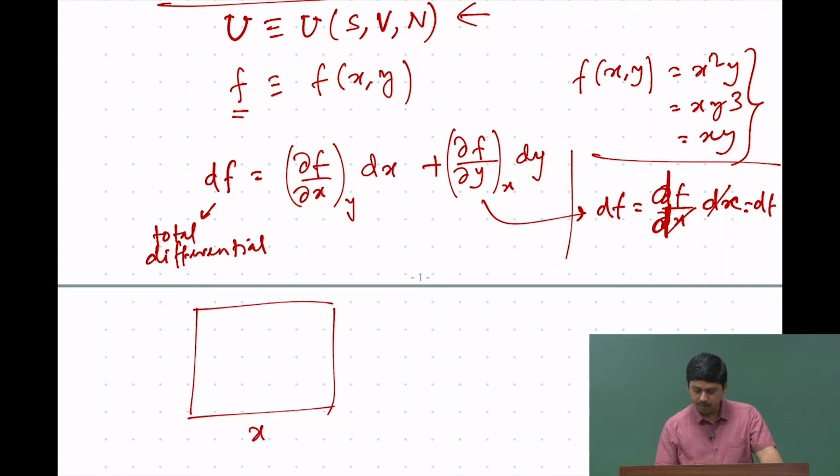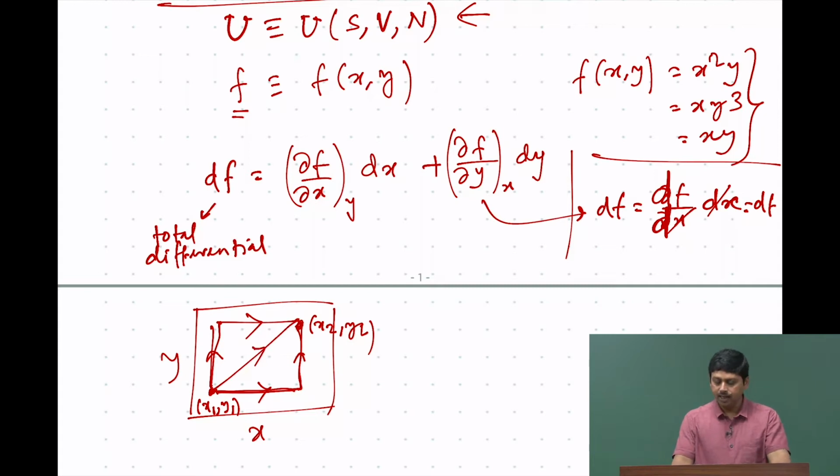However, if you have a two-dimensional system where you have specified x and y, you can go from one point to another either this way and then this way, or that way and then that way, or directly. Let us say this point is (x1, y1) and that point is (x2, y2). Either you change x1 to x2 keeping y1 fixed, and then y1 to y2 keeping x2 fixed, or the other way around.